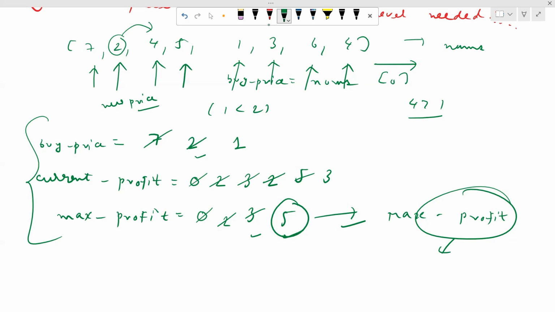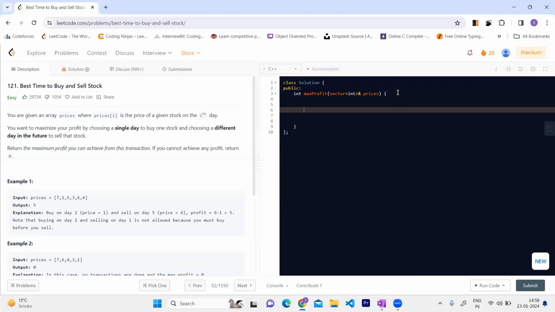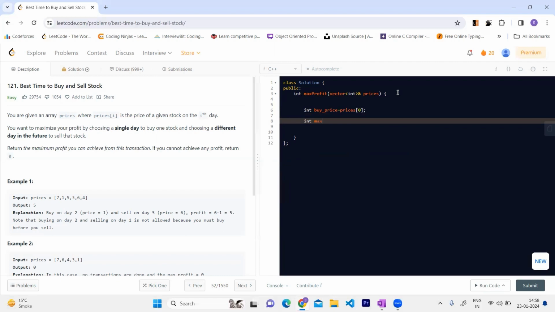Now let's try to code this thing up. So here is the question. Now let's try to put this thing. Buy price will initially be pointing to the start of the array, right? And this is our max profit, which will be initially equal to 0.